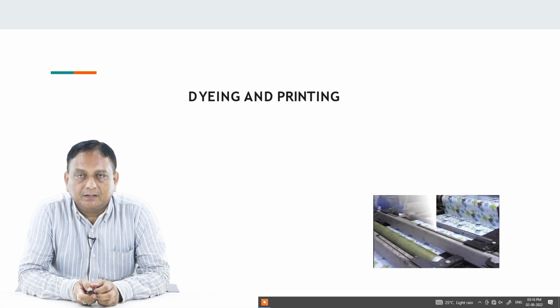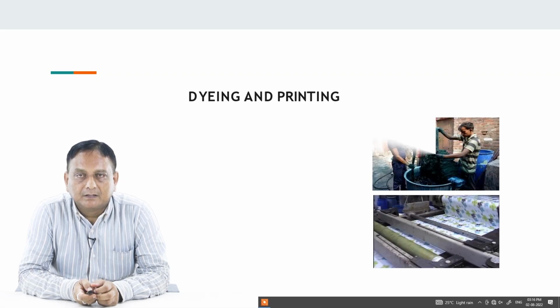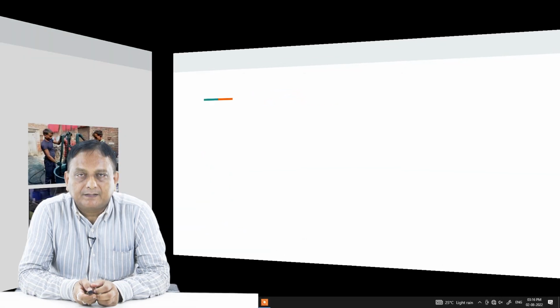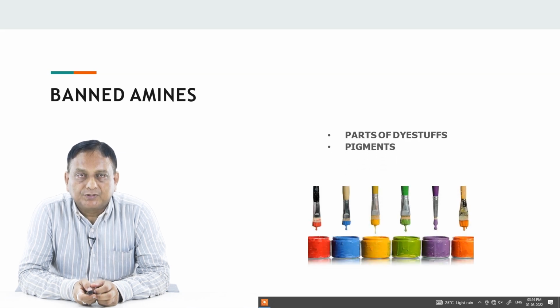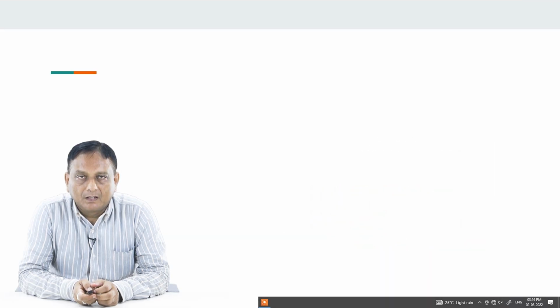In dyeing and printing, there are a lot of areas where MRSL substances can be found. The dyes themselves can have banned amines present. So parts of the dyestuffs and pigments are potential sources of MRSL. Apart from that, different disperse dyes are also there.